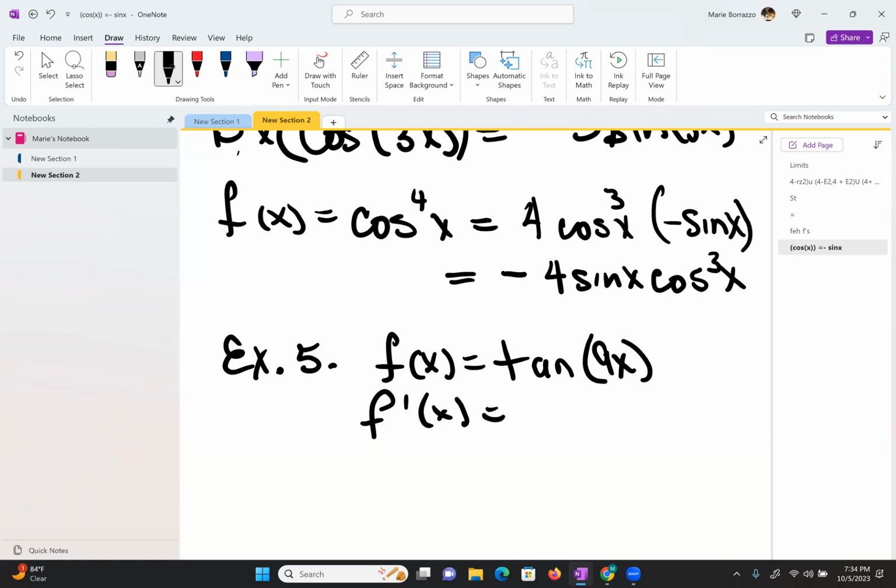You need to remember the derivative of tan is secant squared x. So this is going to become 9 secant squared 9x.